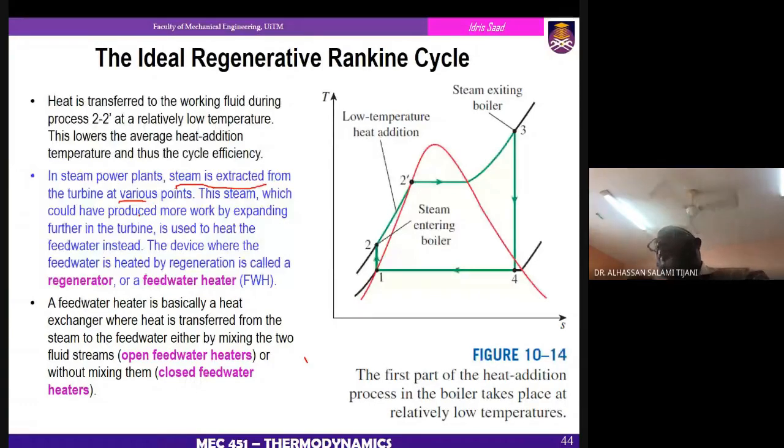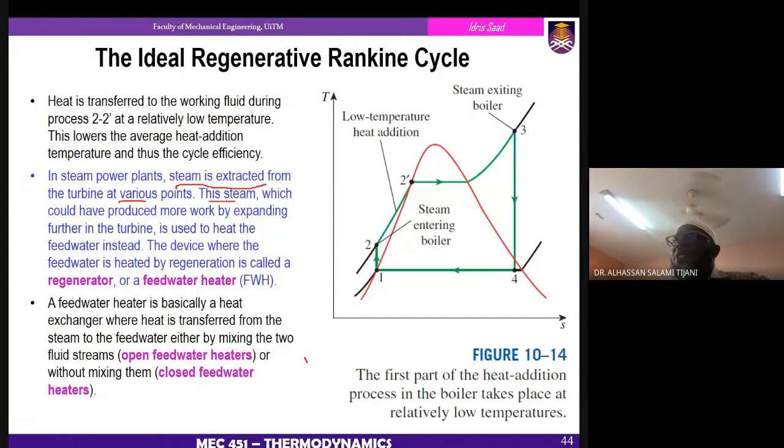It means that when the turbine is undergoing expansion, we can remove some of the fluid at extremely high temperature and use it for reheating, or for other heating purposes.